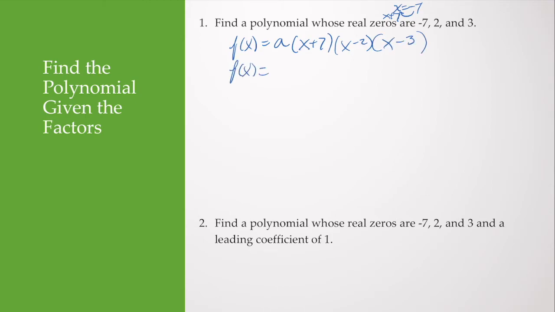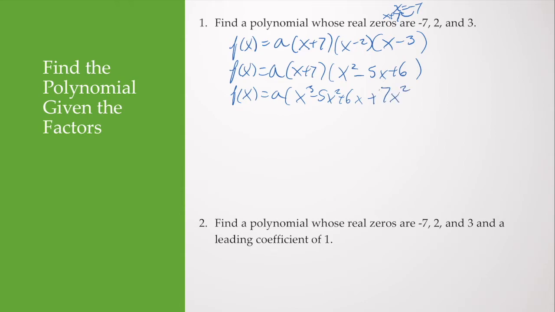So I have f of x equals a times x plus 7 times x squared minus 5x plus 6. That gives a times x cubed minus 5x squared plus 6x plus 7x squared minus 35x plus 42.